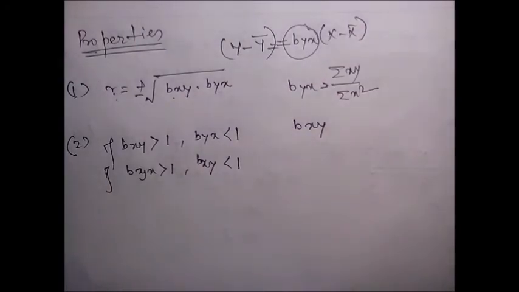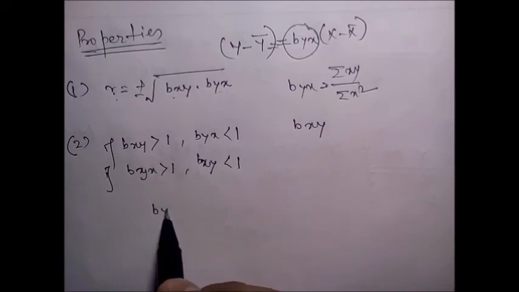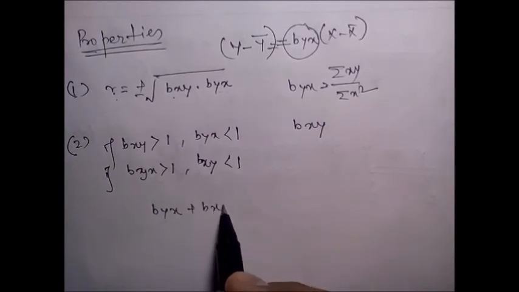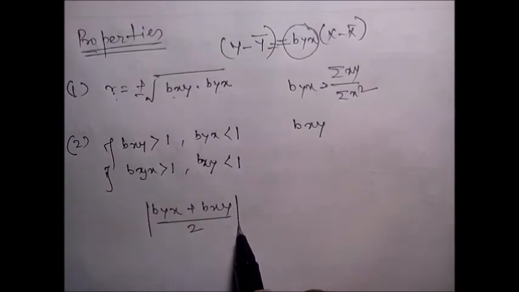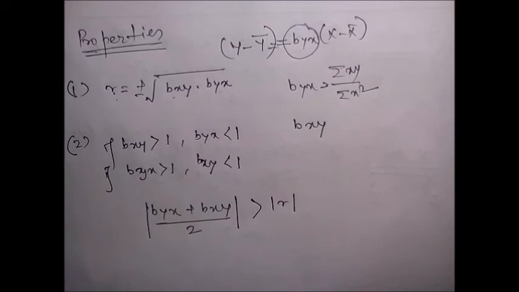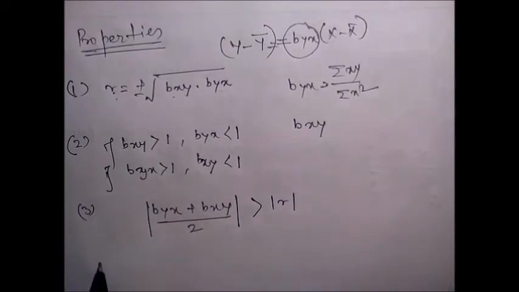Third, the modulus of the arithmetic mean of the regression coefficients is not less than the modulus of the correlation coefficient. That means the mod of the average of byx and bxy should always be greater than or equal to the mod of r.